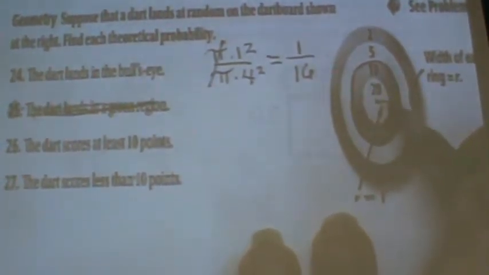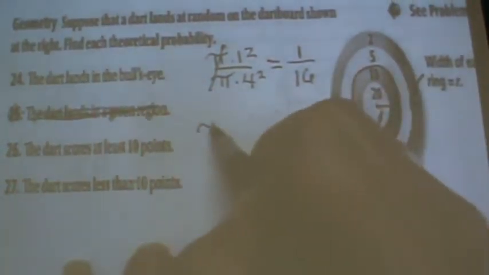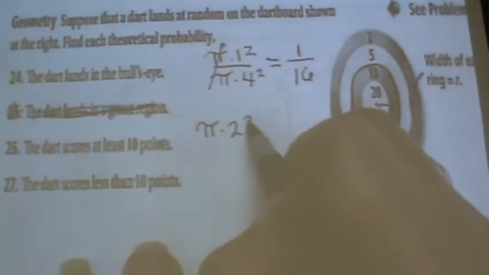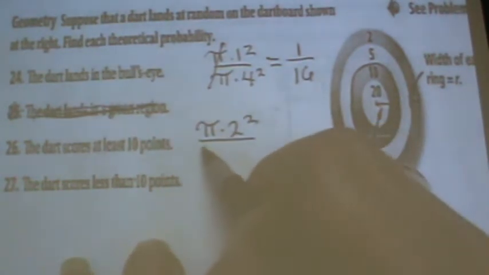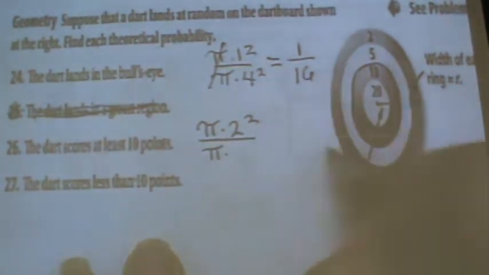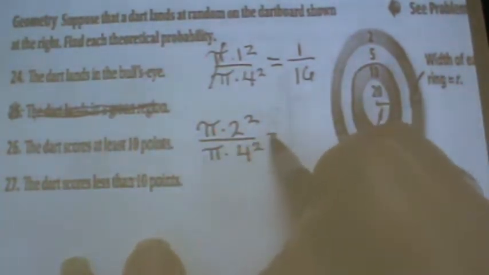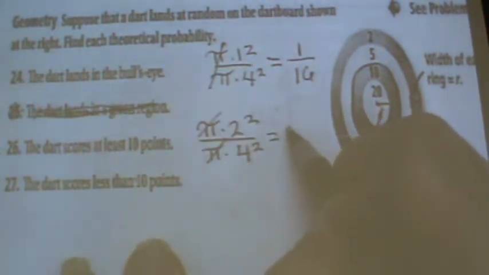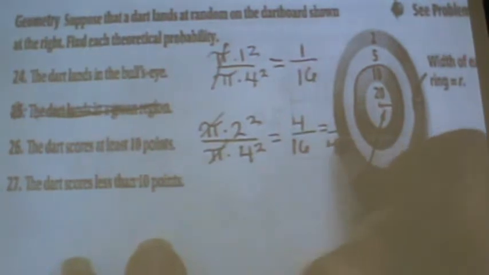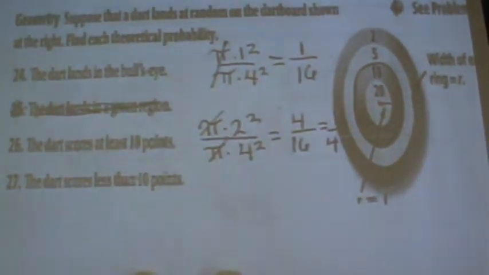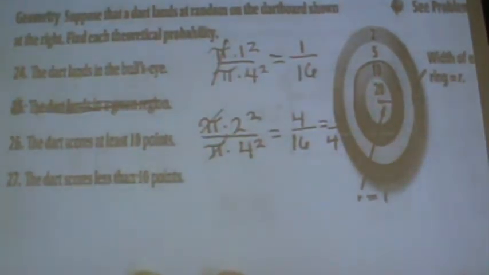If each of these is 1, it'd be pi times 2 squared over the area of the whole thing, which is 4 squared. What happens to these? They cancel. You get 4 over 16, which is 1/4. So you could say 25%.